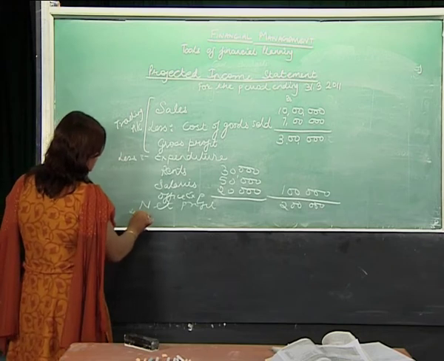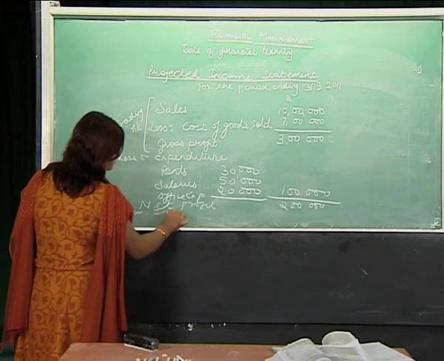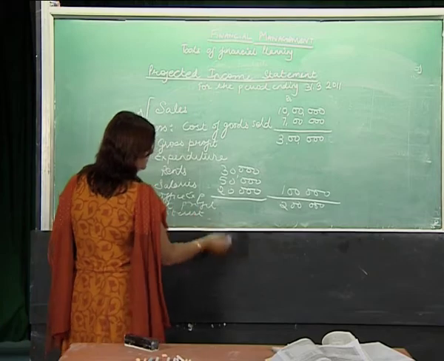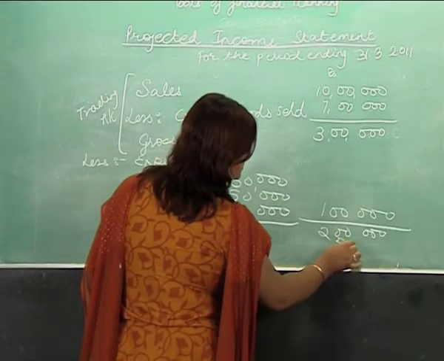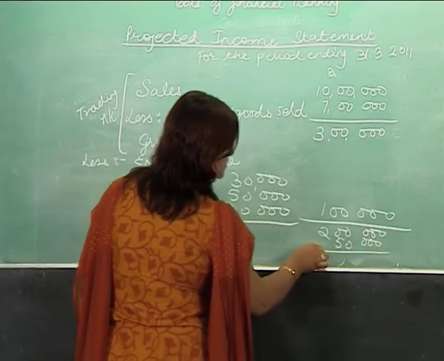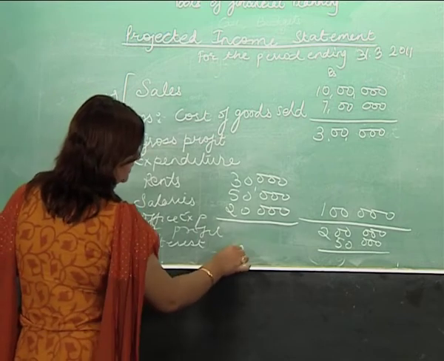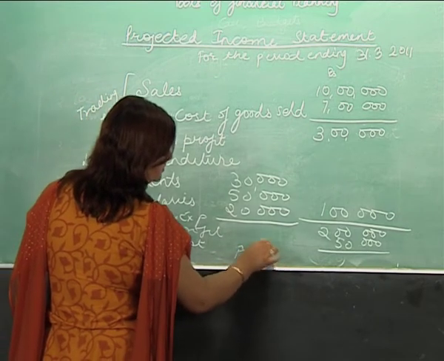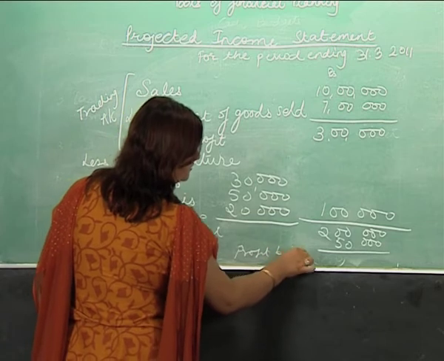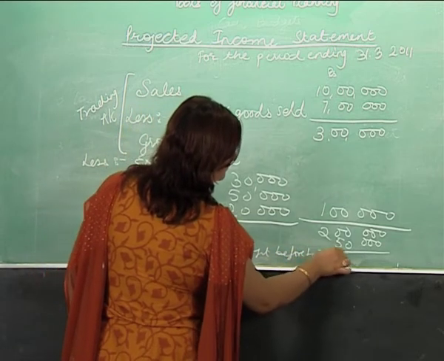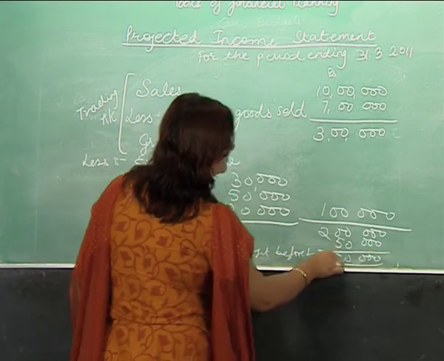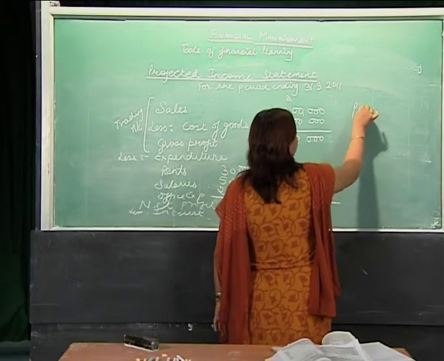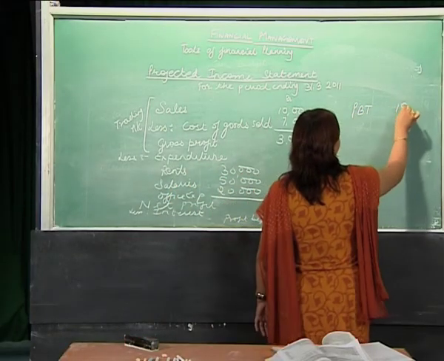Now, we need to subtract interest. Let it be 50,000. So, our profit before tax but after interest is 1,50,000. Now, we have profit before tax figure as 1,50,000.